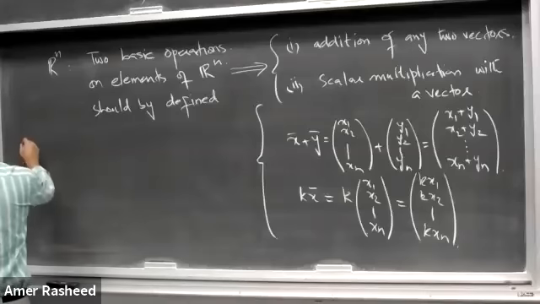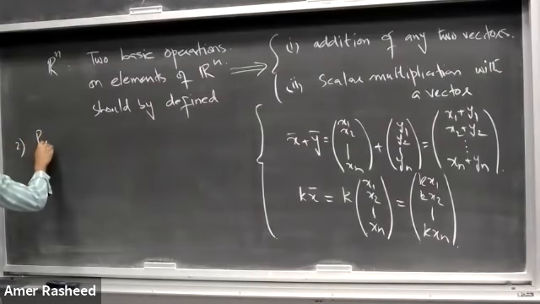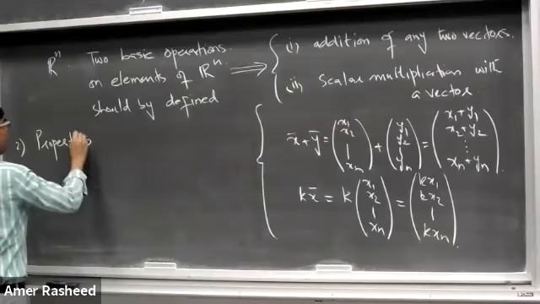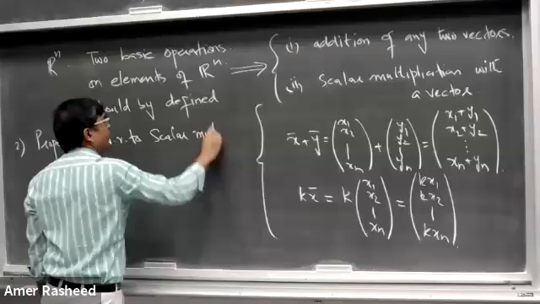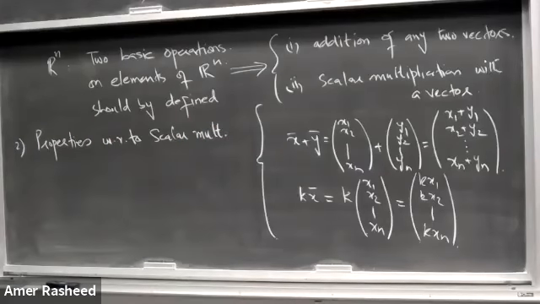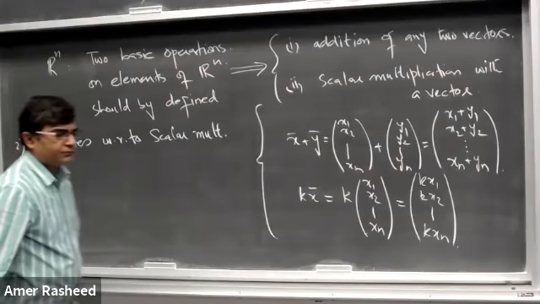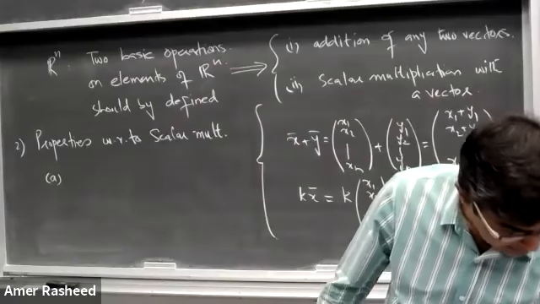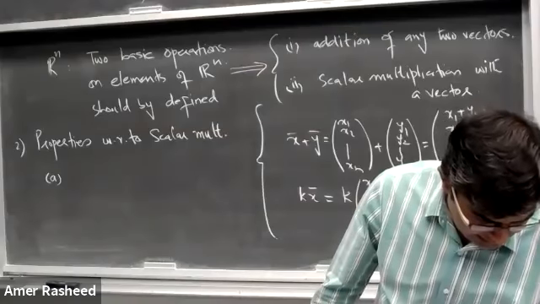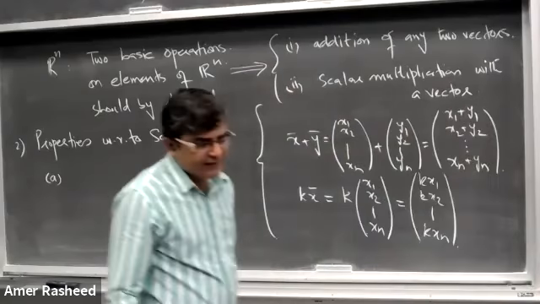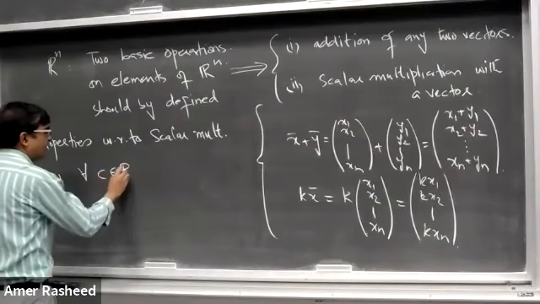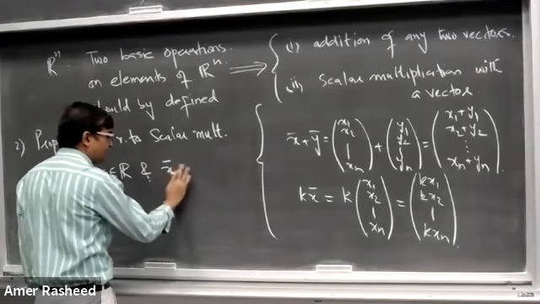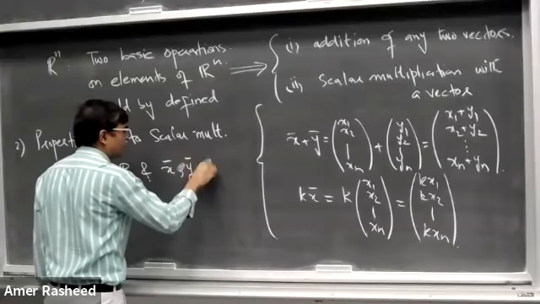Now number two, the properties with respect to scalar multiplication. Now we are going to write these properties. Number one property, you can say it A. Let me write them in a proper order: for all C belongs to R and x, y belongs to Rn.